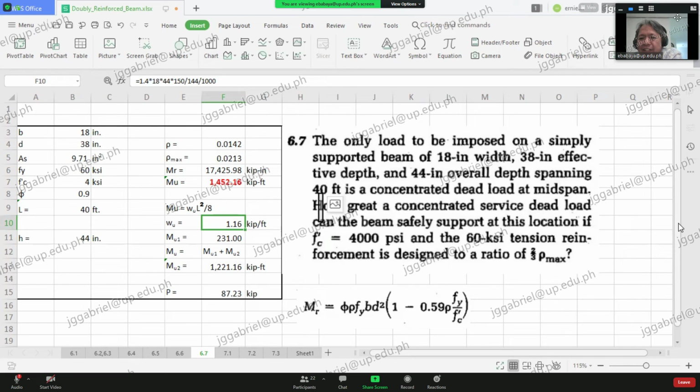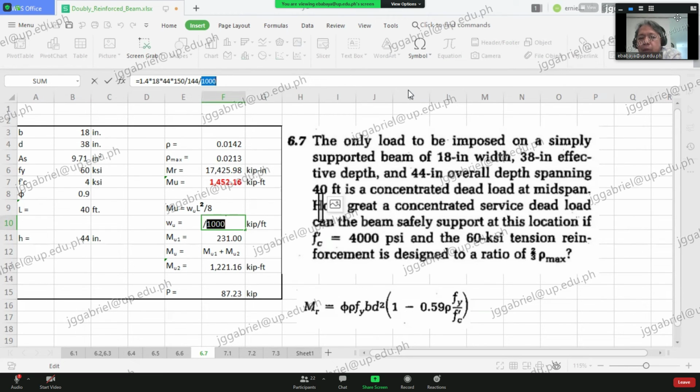yung pagkuha nun, try to look at how it was computed there. Kung paano nakukuha ito. Saan nanggagaling yung 144 tsaka yung 1,000. 144 again is when you are converting yung dalawang inches sa numerator. And then this 1,000, yung namang pounds.